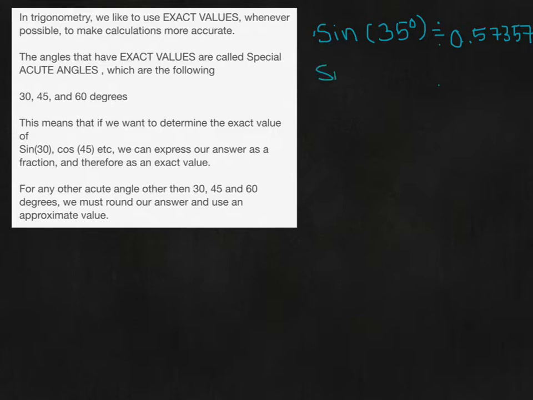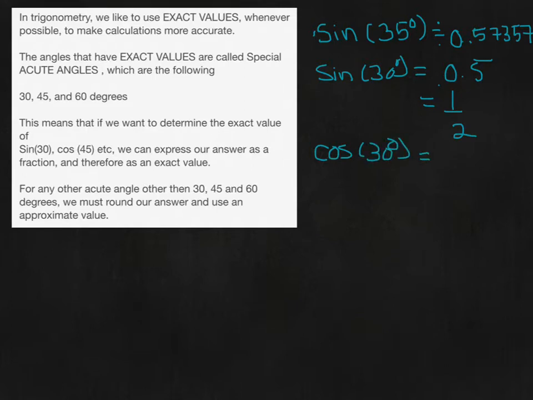However, if I had, let's say, sine 30 degrees, well, if I plug that into my calculator, again, oh, look, I get 0.5. I can actually express that as a fraction, which is just 1/2. So sine 30 degrees gives me a concrete value. What about for cos 30 degrees?